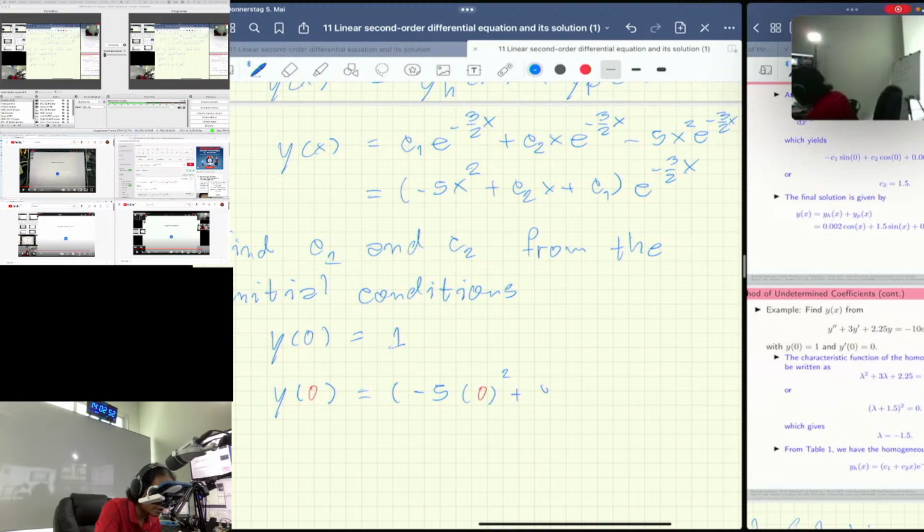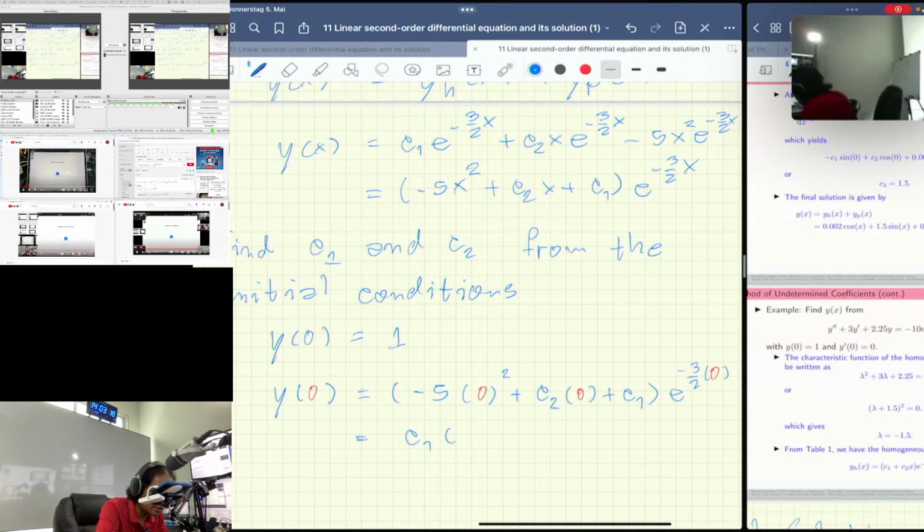Plus c2 times 0, plus c1, right? Exponential negative 3/2 times 0, again 0, right?